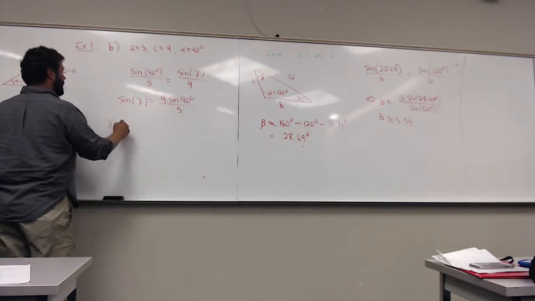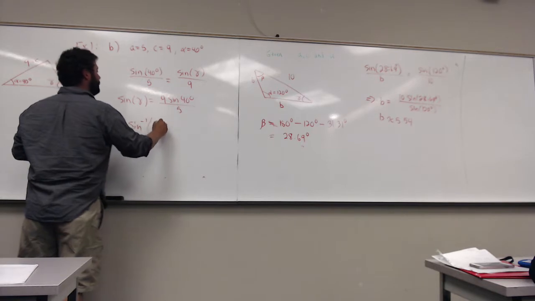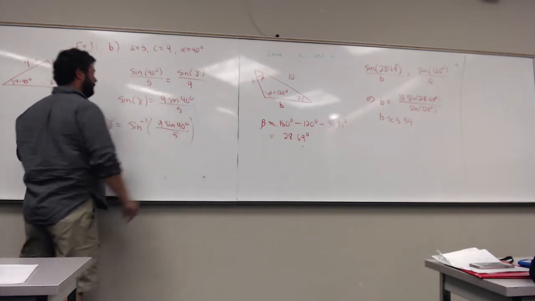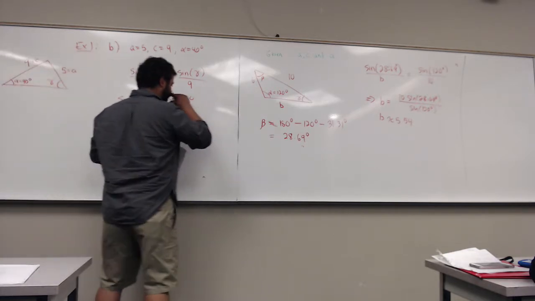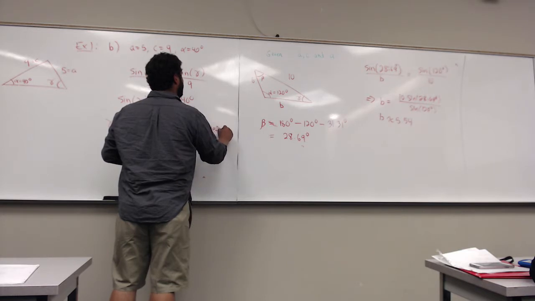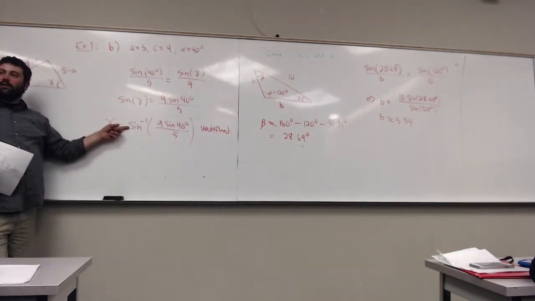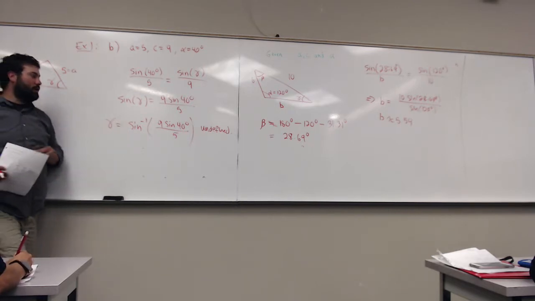And then finally, gamma is going to be sine inverse of all this stuff on the right. But what happens this time? Did you get a domain error? So this is undefined. Remember, the domain of sine inverse is numbers between -1 and +1.